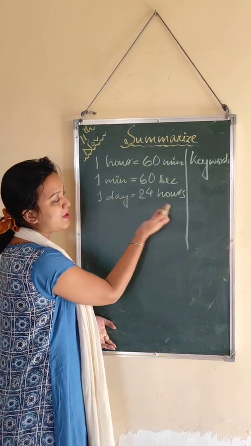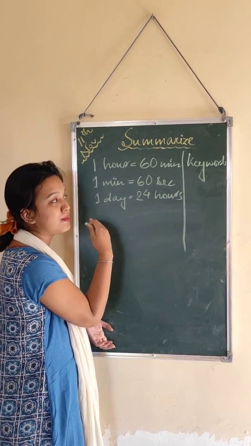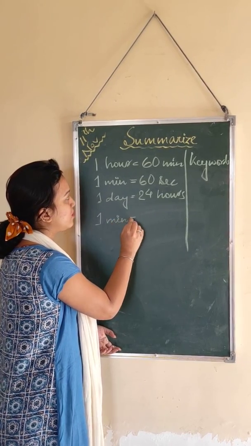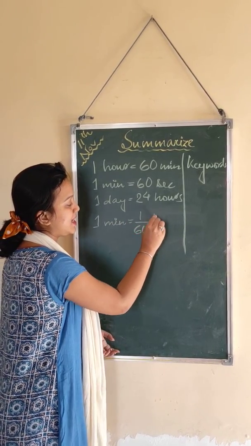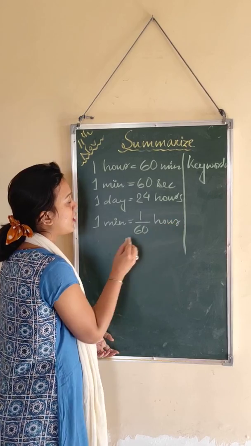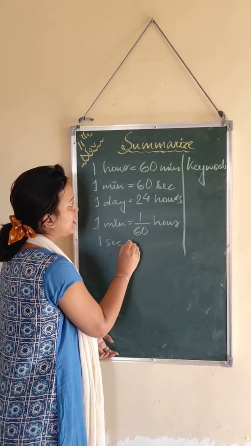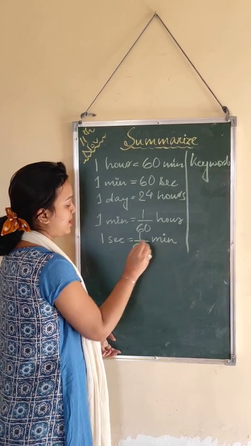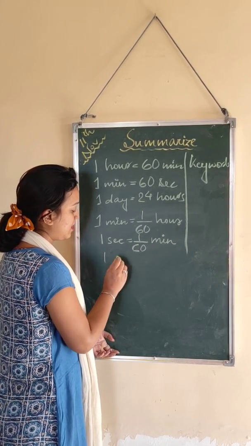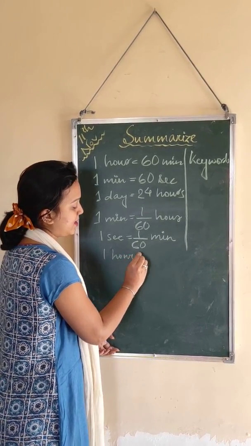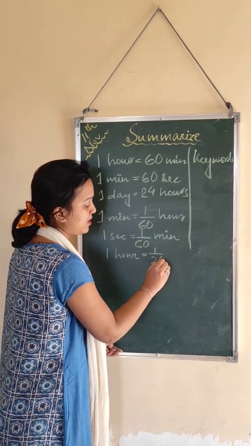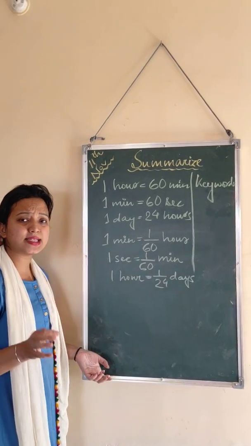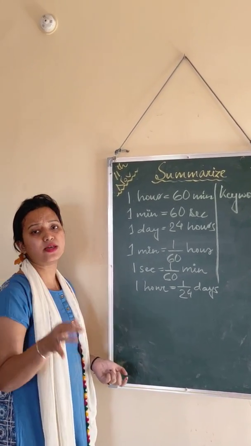Now, if I simply flip the sides from left to right, what happens is 1 minute is equal to 1 by 60 hours. 1 second is equal to 1 by 60 minutes. And 1 hour is equal to 1 by 24 days. Done? These are the 6 formulas that we have been repeatedly using.